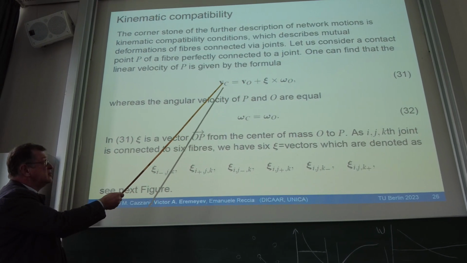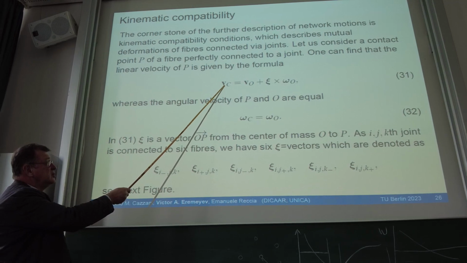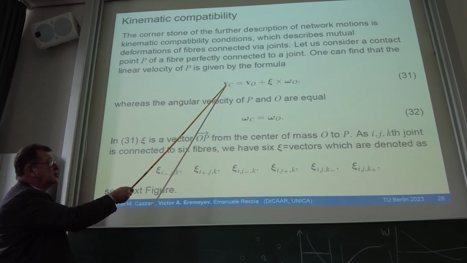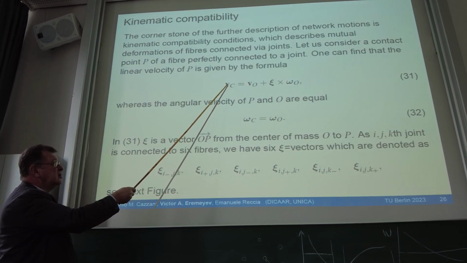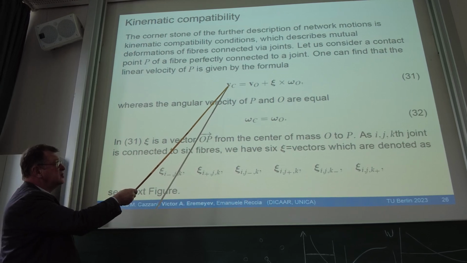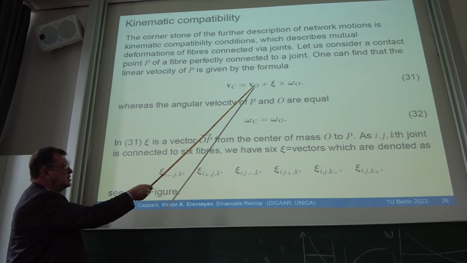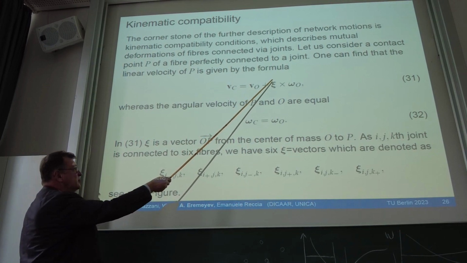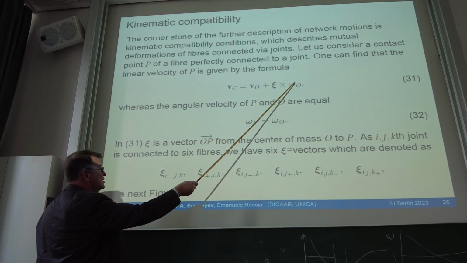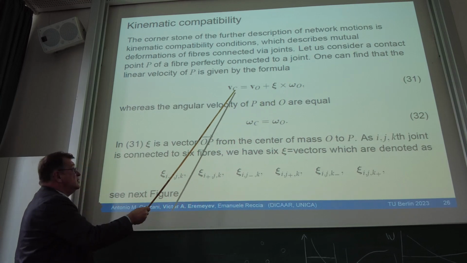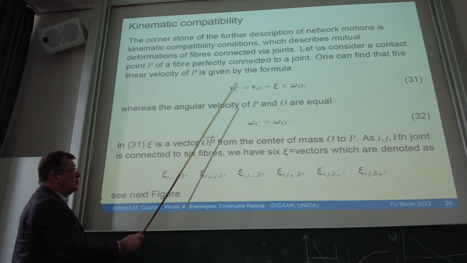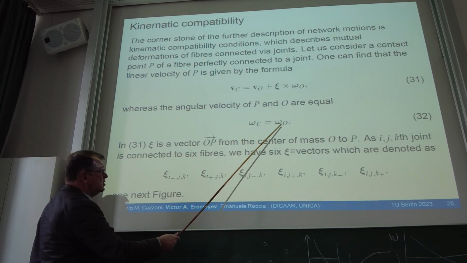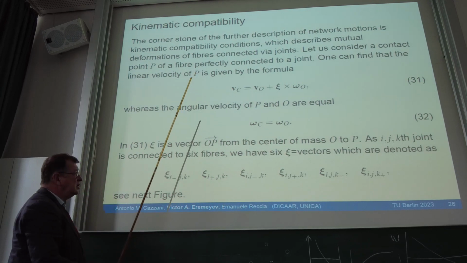This could be the velocity of the contact point of the Cosserat curve attached to the rigid body. This is the velocity of the center of mass of the rigid body. And this part is related to rotations of this rigid body. This is for linear velocities. For angular velocities it's simpler: they are simply equal.